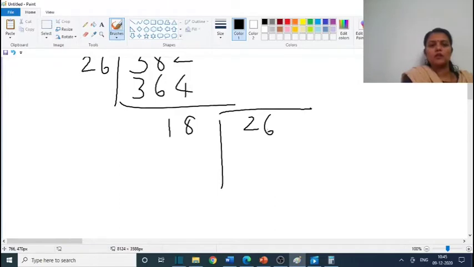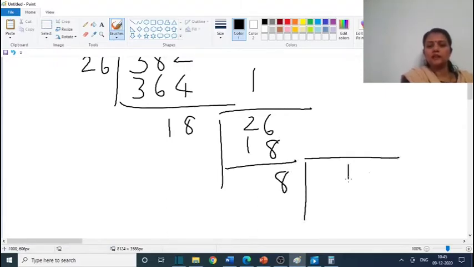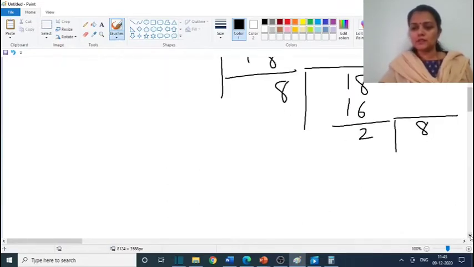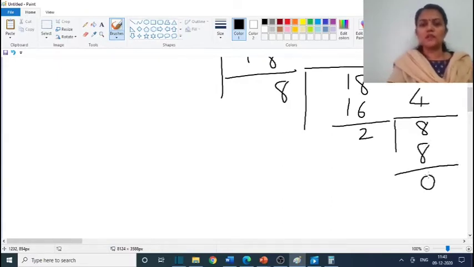So 26 by 18 we got 1, and the remainder is 8. Again divide 18 by 8. So the answer is 2. 2 times 8 is 16 and the remainder is 2. Now divide 8 by 2. So 4 times 2 is 8. So the remainder is 0.